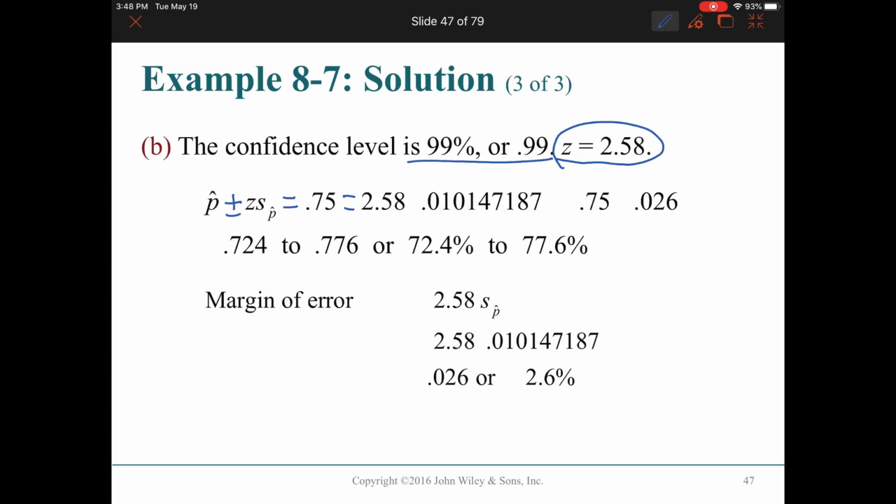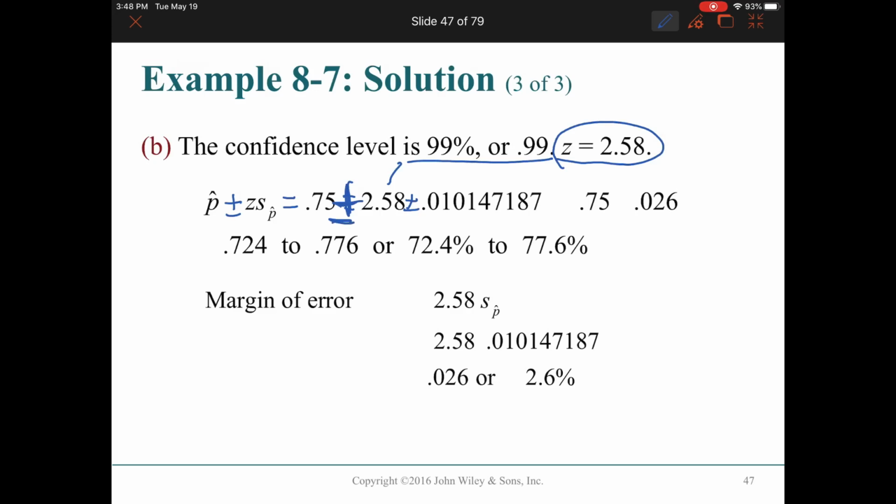So p hat plus or minus Z times S is equal to 2.58, that special value that we've seen a few times before, so we just keep on using it, and plus or minus, that's Z times, yeah, okay, I got that wrong. So 0.75 is what p hat is.